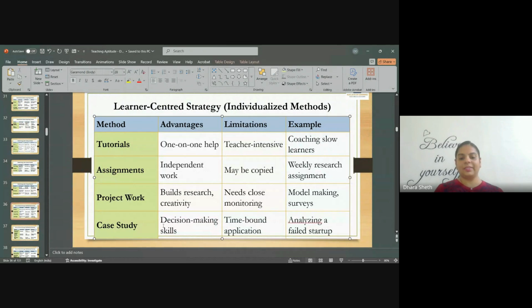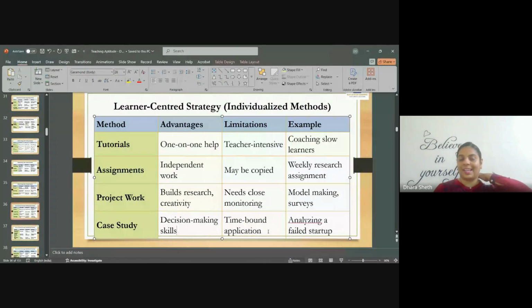Case study, where decision-making skills are improved, because when a situation is given and you have to decide how to solve the problem, so then obviously time-bound application. So like, let's say a startup has failed. Case studies are mostly done in MBAs. Why?